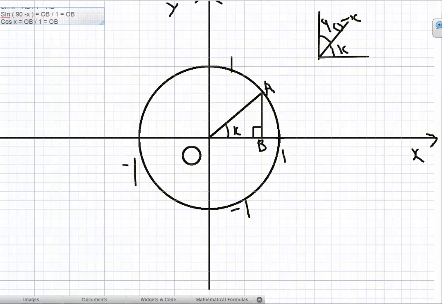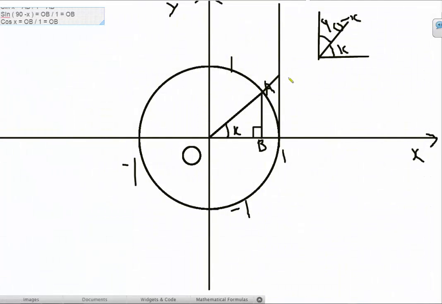Now, in order to prove that tangent is sine x over cos x, we draw a tangent at x equals 1. Then we extend this line OA such that it intersects the tangent somewhere, which it does. And now let's call this point C and this D. This length CD is defined as tan x.